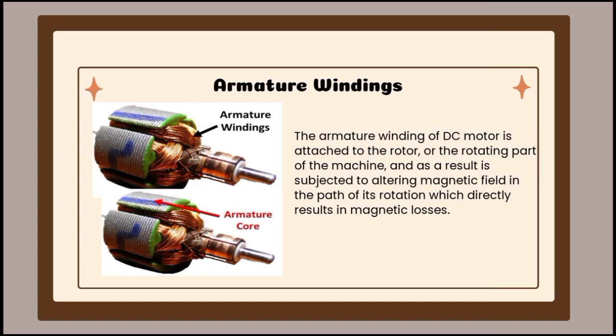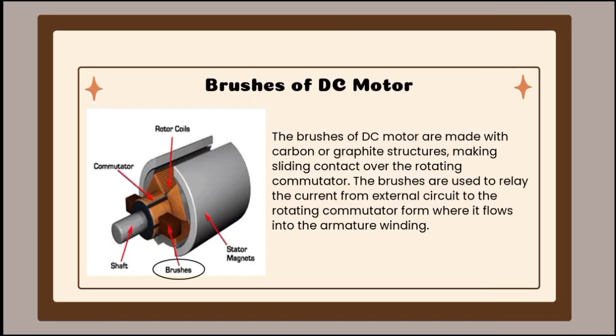Number 7. Armature windings. The armature winding of the DC motor is attached to the rotor, or the rotating part of the machine, and as a result, is subjected to an alternating magnetic field in the path of its rotation, which directly results in magnetic losses. Number 8.